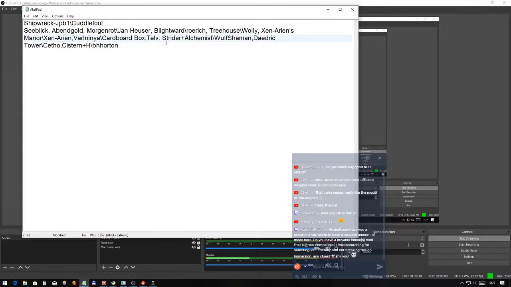And a couple of beautiful houses by Wolf Shaman: one is a Strider house near Sadrith Mora, I think, and one is the Alchemist house. And look for this modder because I think I've seen only good house mods from him.